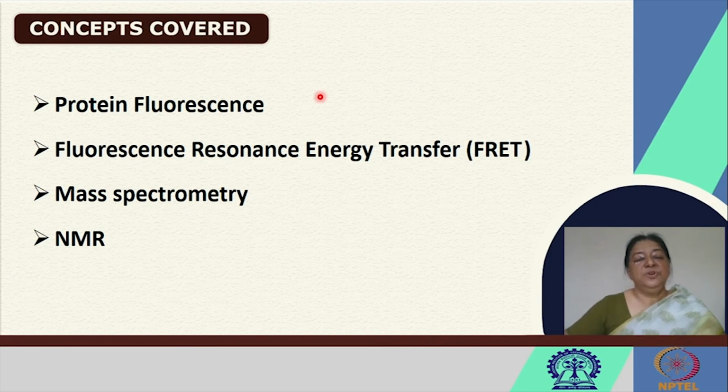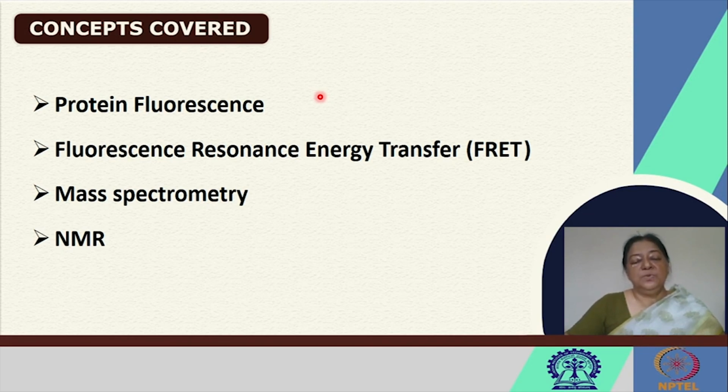Then this tryptophan can have its emission intensity shifted to the right, red shifted to a higher wavelength that is indicative of its exposure to solvent, or we could have fluorescence quenching that is indicative of protein ligand binding, which we will see in subsequent lectures.